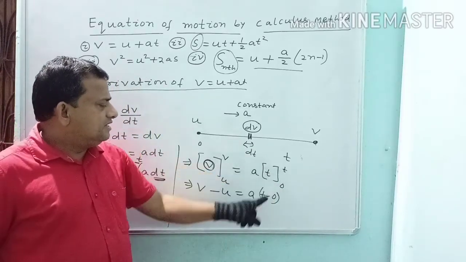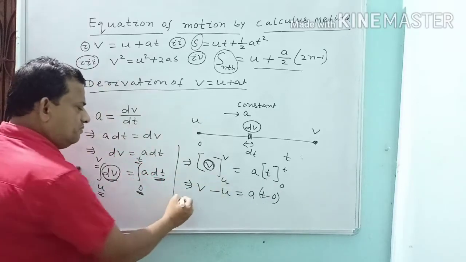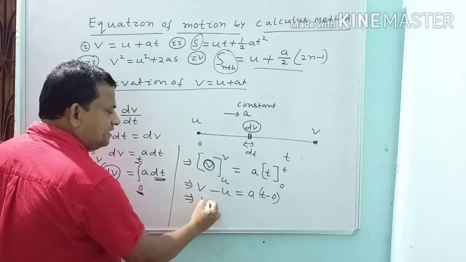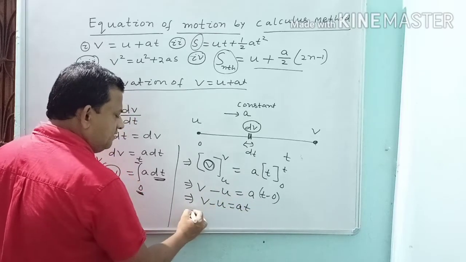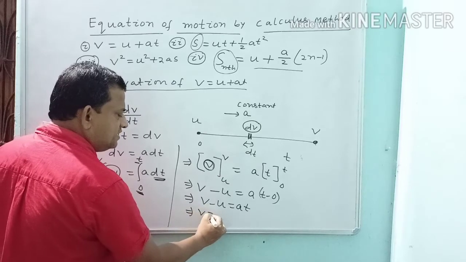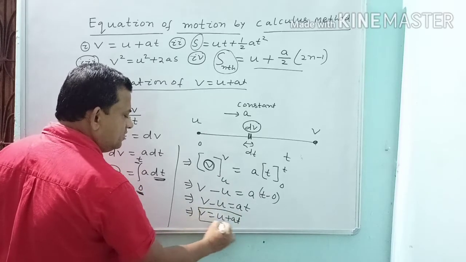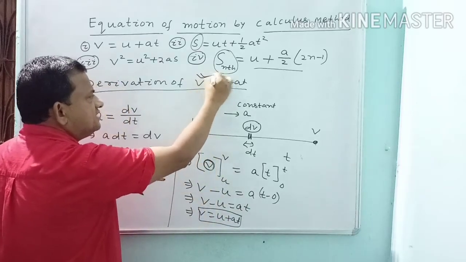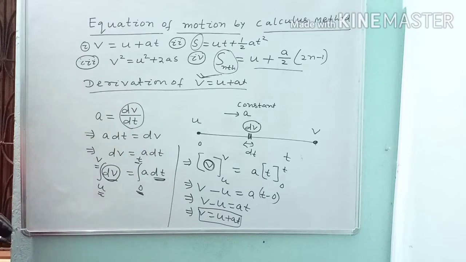For this the upper limit is t, the lower limit is 0. So after solving, you get v minus u is equal to a t. Or students, v is equal to u plus a t. So this expression is derived with the help of this calculus method.